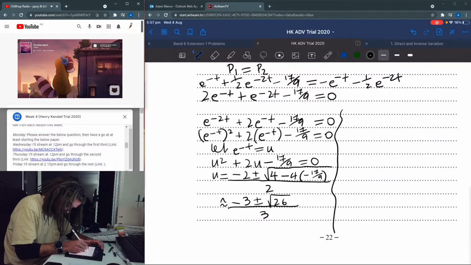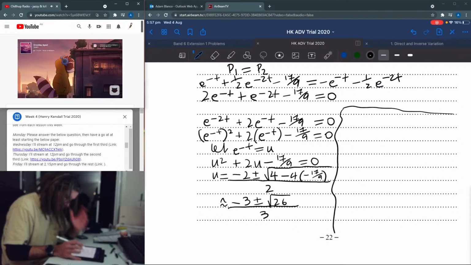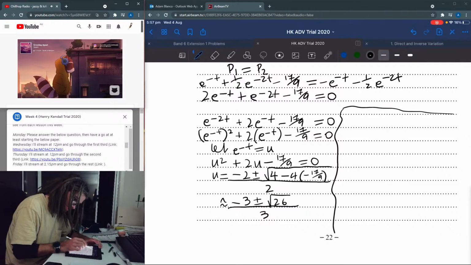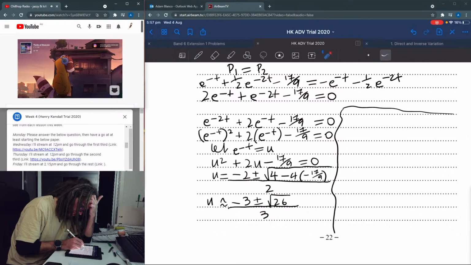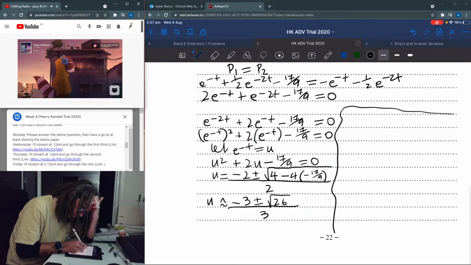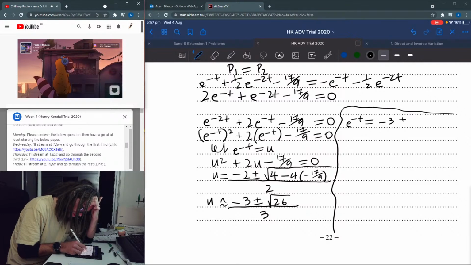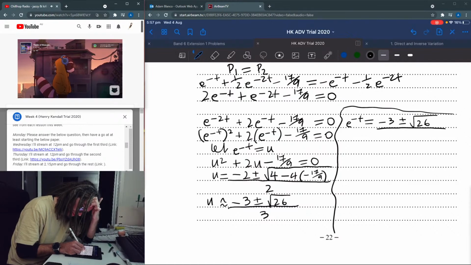Let's draw a line here. Now that was u. So what does that mean? If u equals that, it means e to the minus t equals that. So e to the minus t equals minus 3 plus or minus root 26 on 3.